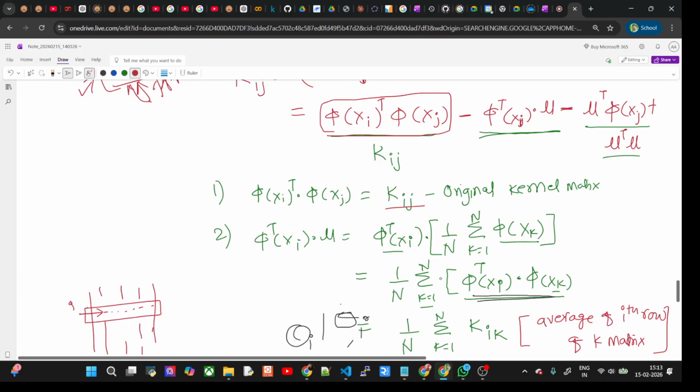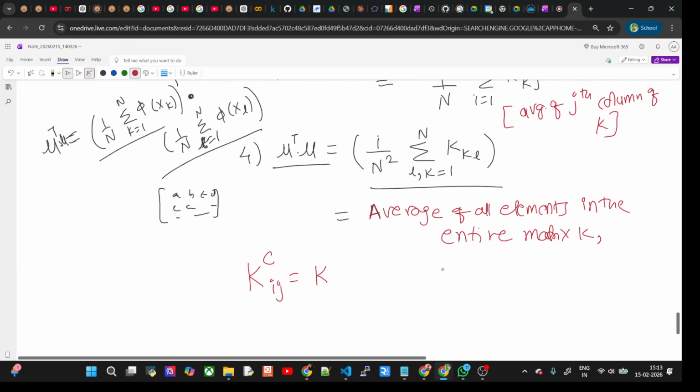I will write K ij at the end, this is your given matrix, the given kernel, and then theta, because I mentioned the average of the ith row. So it is something like theta of I.